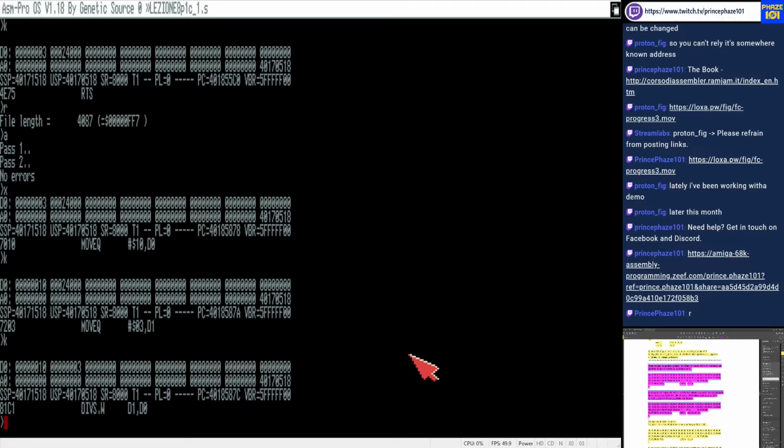We moved 3 into D1. Now I said 10, but that is hex, so it is 16.